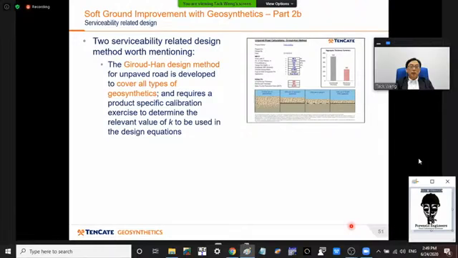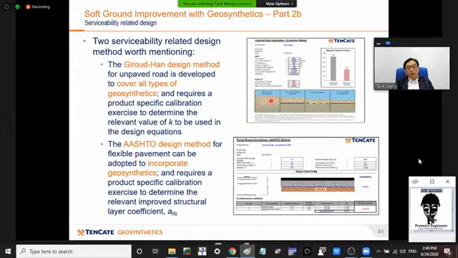So what is important is that the product has to be specifically calibrated with the design to give a certain input value for the design. And our company has in-house software that does that quite easily for you.